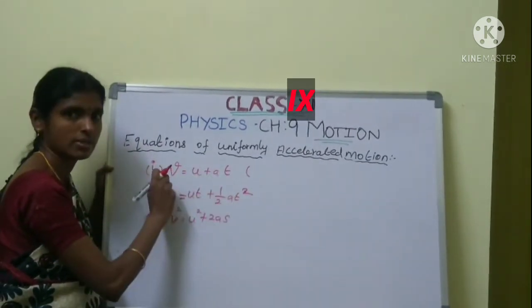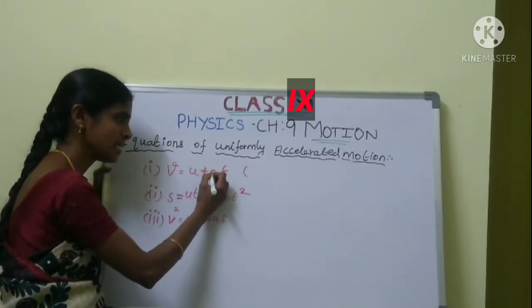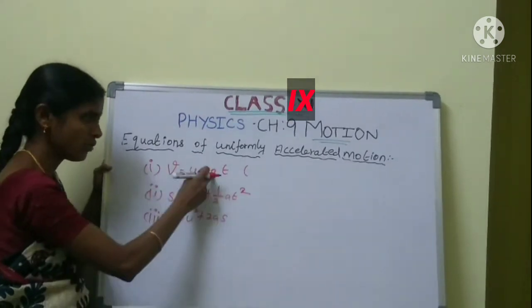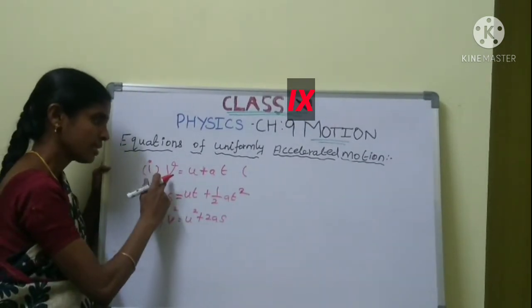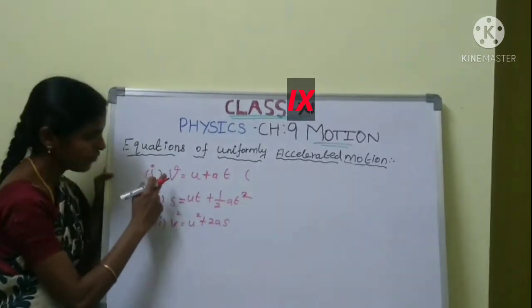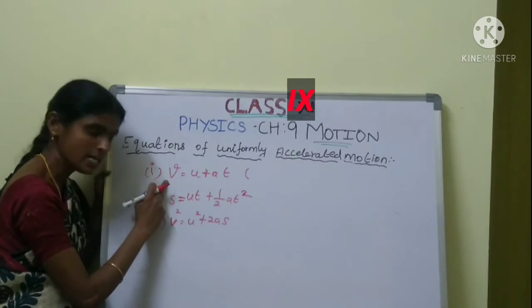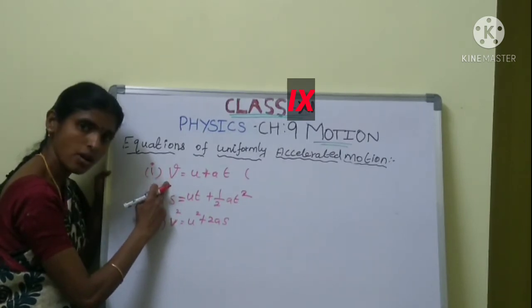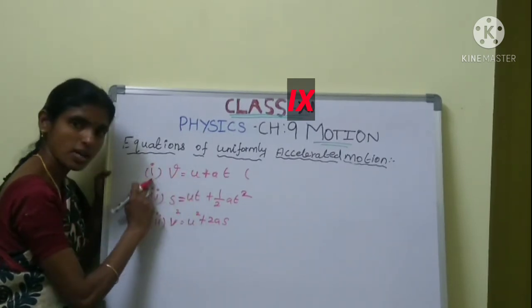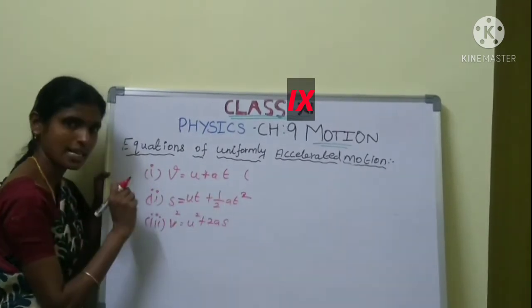Velocity and time. Are you clear? We know acceleration is the rate of change of velocity. In the first equation, V is the final velocity of the object, U is the initial velocity of the object, A is the acceleration, T is the time.